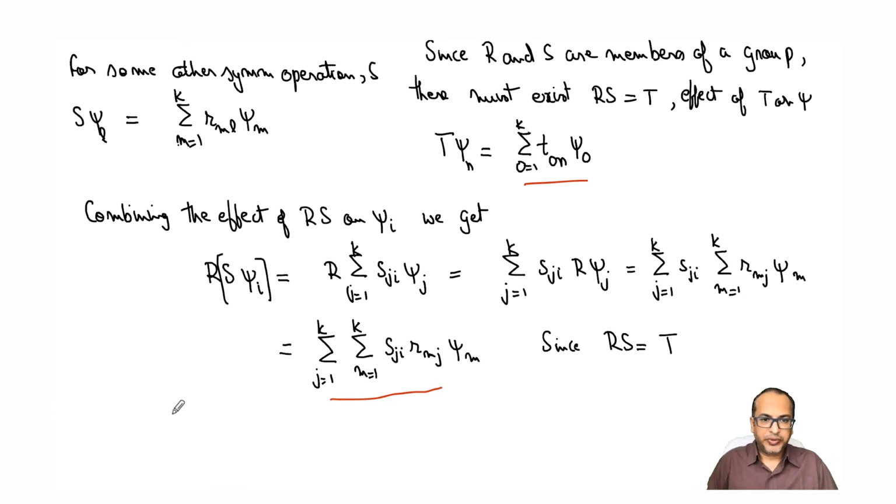What do we get? We see that one of the summations is not required. So we'll say summation over j equal to 1 to k, of r_mj and s_ji, and this should be equal to only this part t, and the index we can, of course, take as mi.